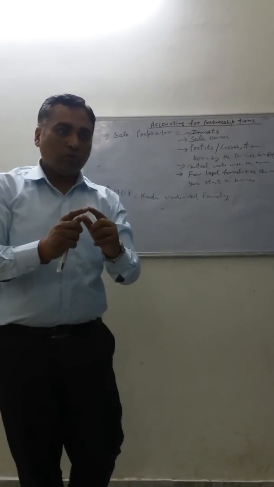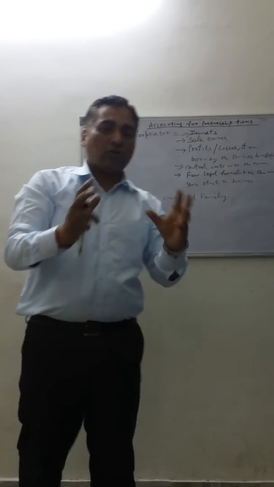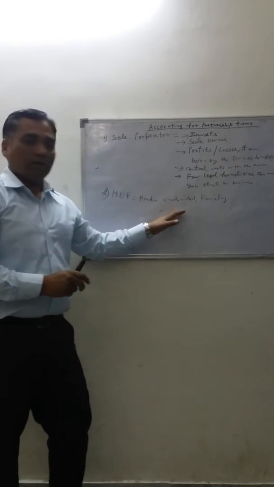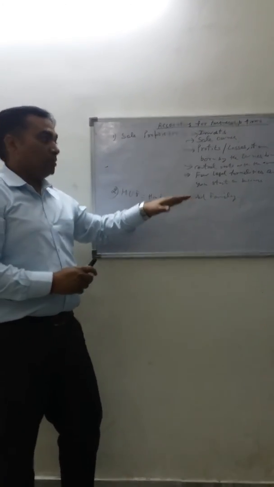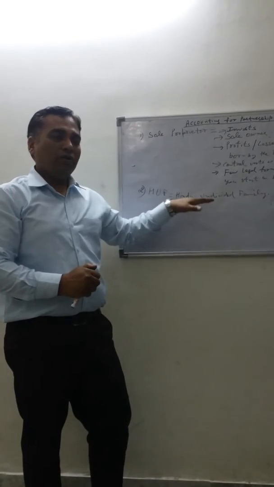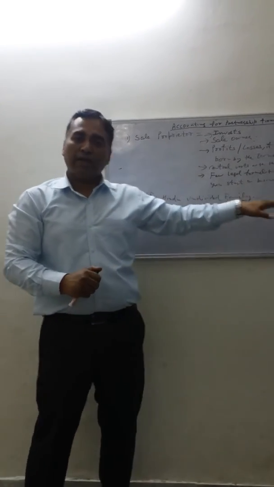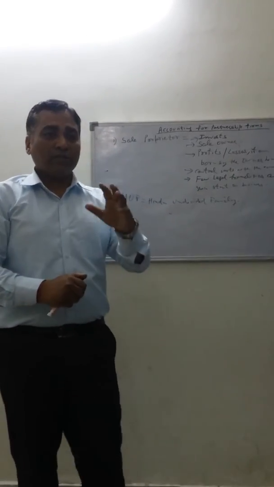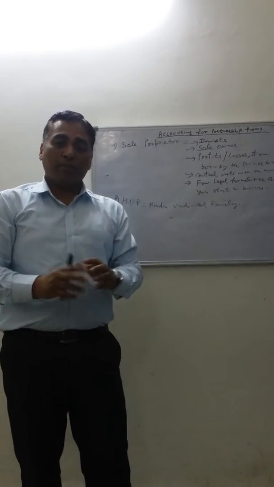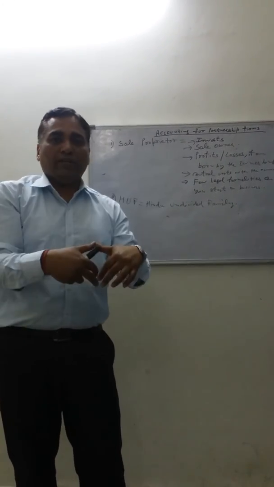So in order not to have any discord between them, the country has made a law, which is the Hindu Undivided Family Act. Now what does this act say? This act is basically levied on the property which is ancestral in nature.